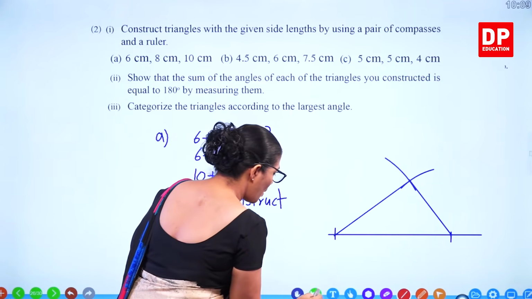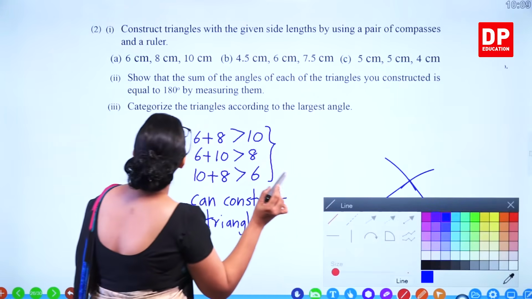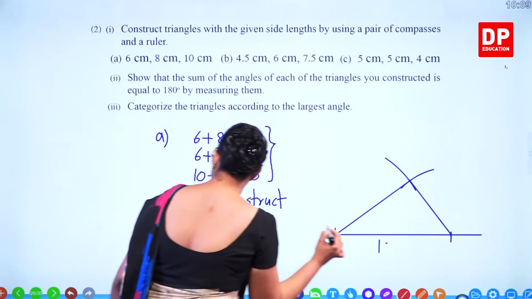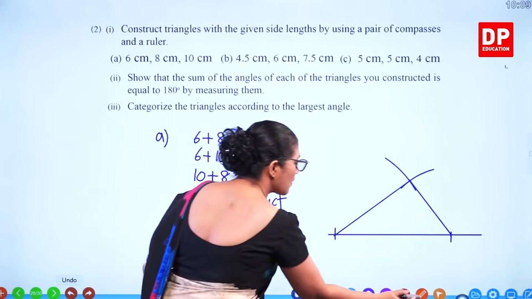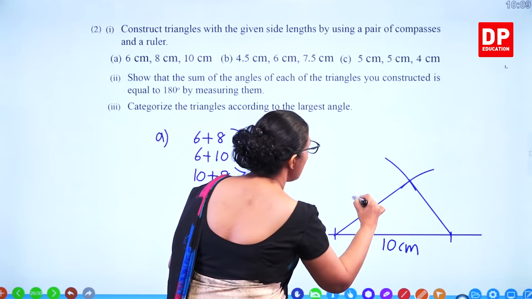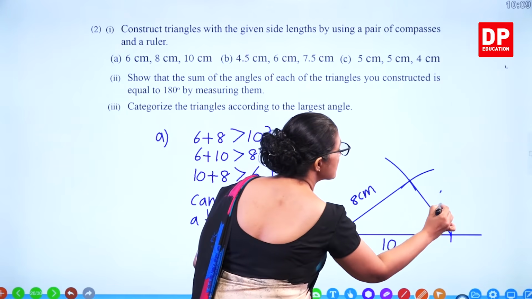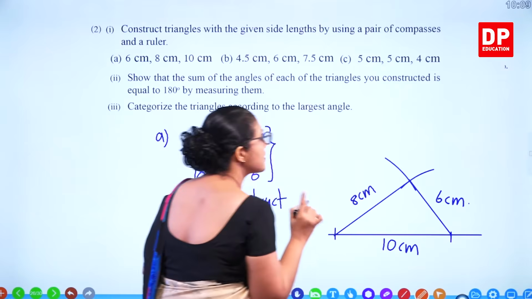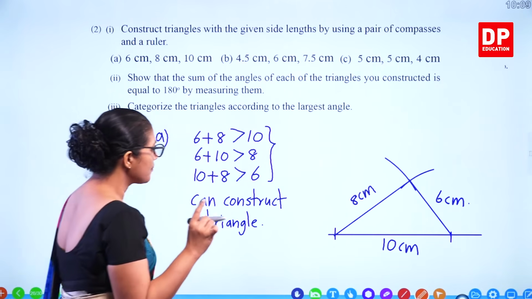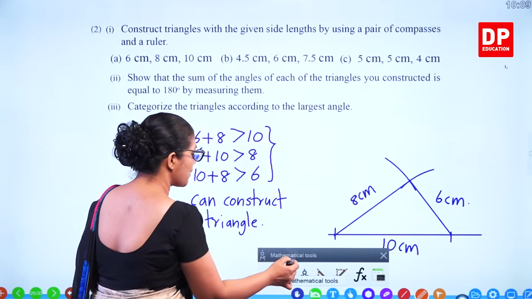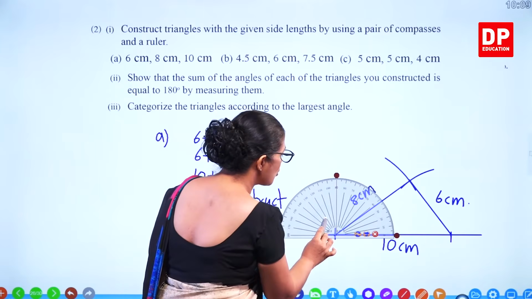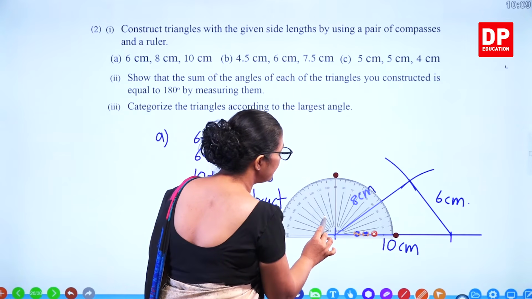Now what do they ask? They ask to measure angles. So we need to measure angles now. 10, 8, 6. And see, the sum is 180 degrees. So we'll take the protractor for that. To measure the angles, you need a protractor. So we'll measure this angle first.